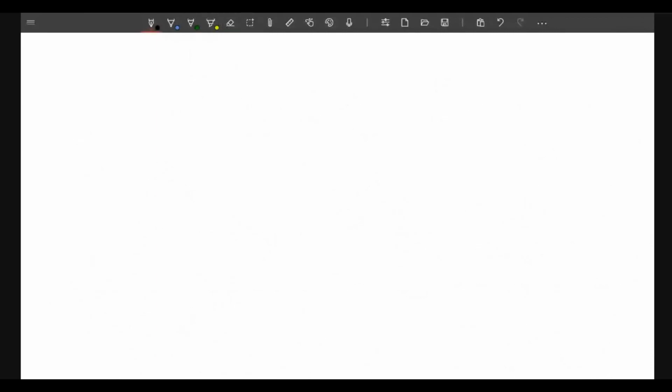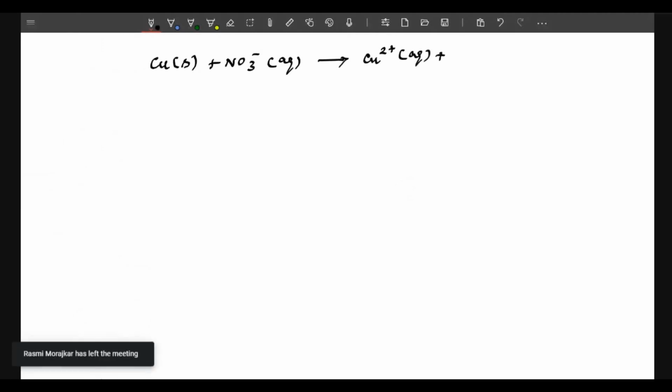In acidic solution, H plus ion would definitely appear, most probably on the reactant side, or in some cases on the product side. Definitely it should be there. This is the question, an unbalanced equation.